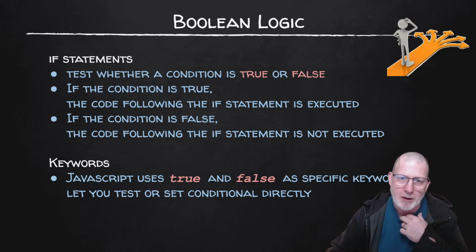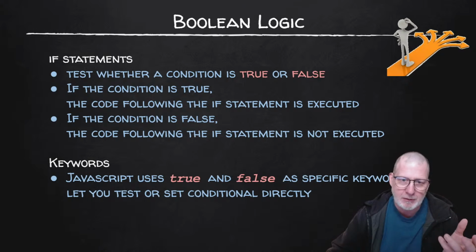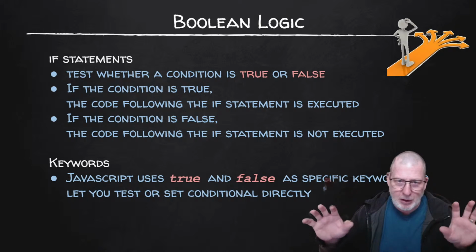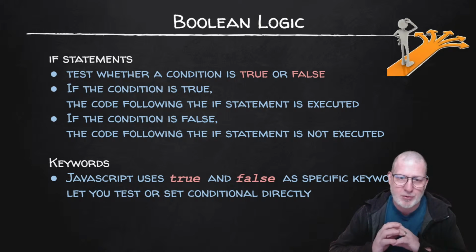True and true is always true. True and false, or false and true, is always false. And obviously false and false is false. And if you're using an or condition, it's when any of the two operands are true, the whole condition is true.